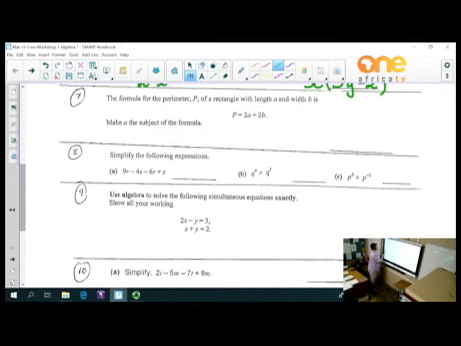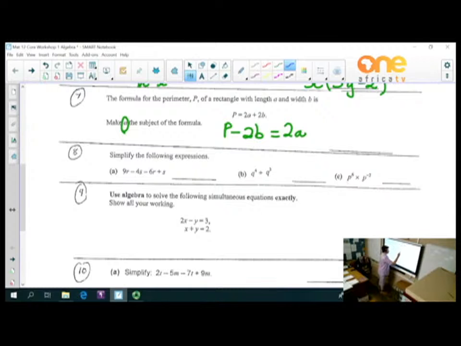Question 7. The formula for the perimeter of a rectangle is given. We all know that perimeter is 2 times the length plus 2 times the breadth. But now they want us to make A the subject. We have to find A. Now, you apply exactly the same rules that you do for numbers. Now it's just with letters. So I'm going to say that P minus 2B is equal to 2A, because A must become the subject.